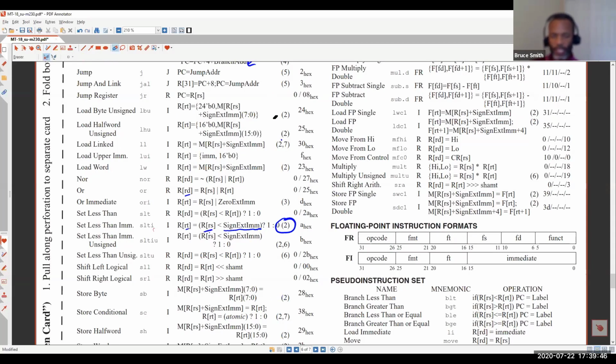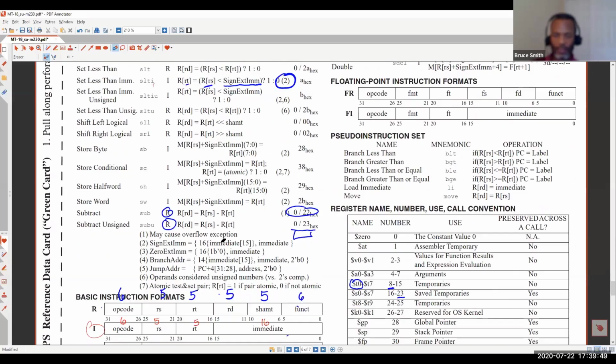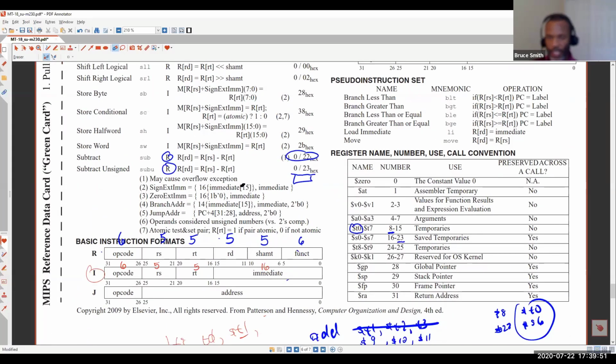So if I go back down for my set on less than immediate and look at note number 2, it tells you essentially that it takes this field for the I type and takes all 16 bits.